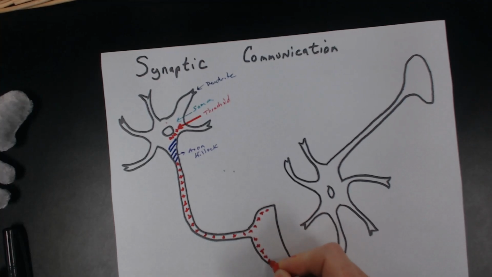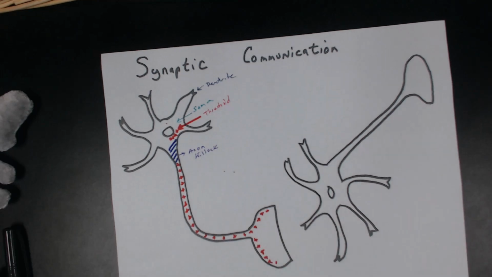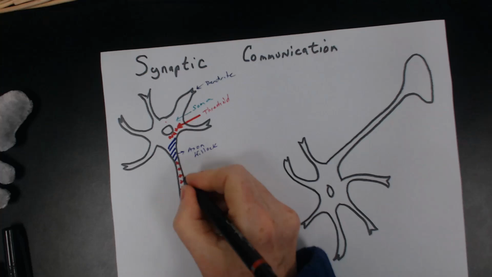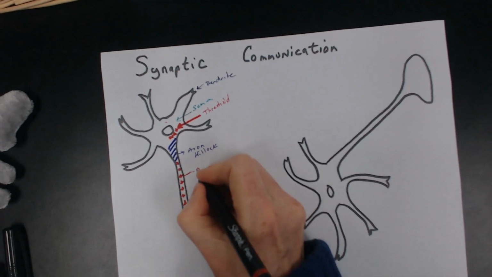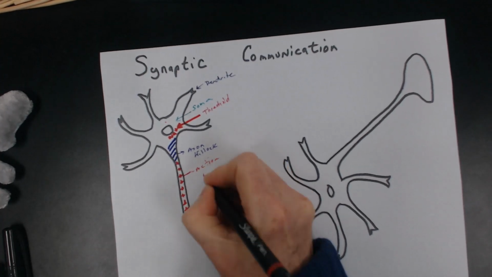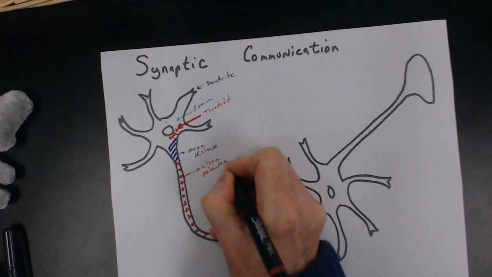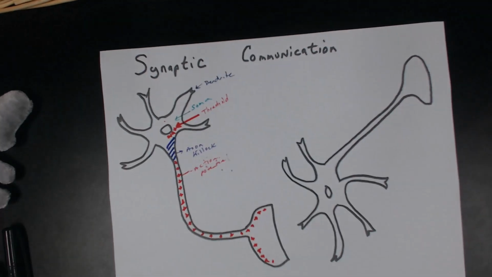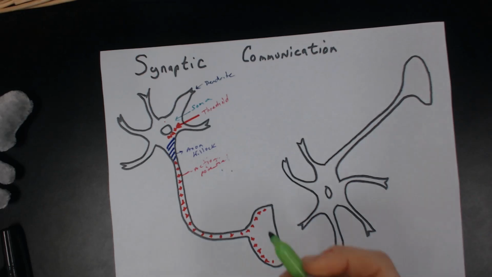So let's just say these plus signs indicate that an action potential has happened. So this is your action potential, an electrical chemical signal, all the way down to the bottom, and then we get to the axon terminal here.